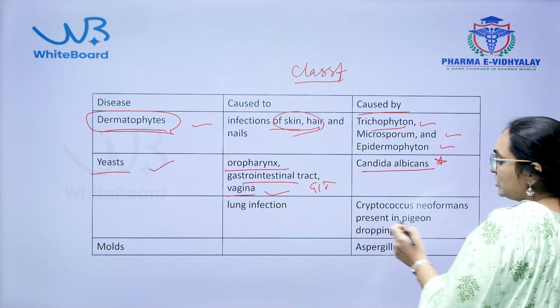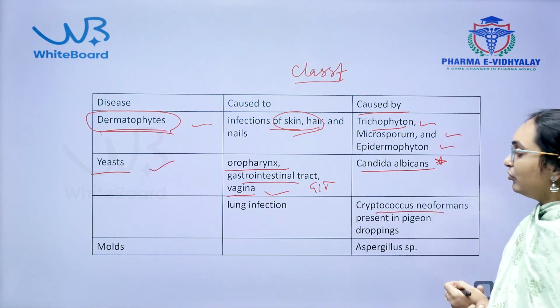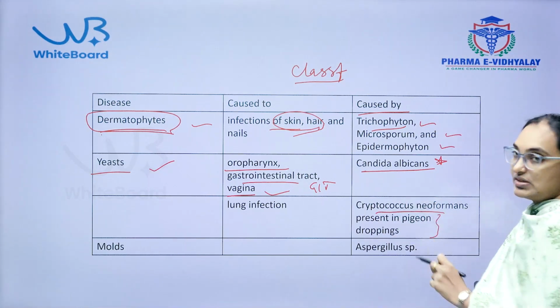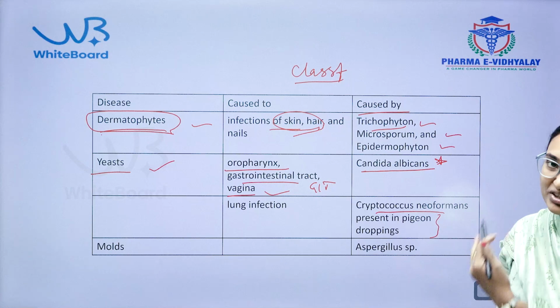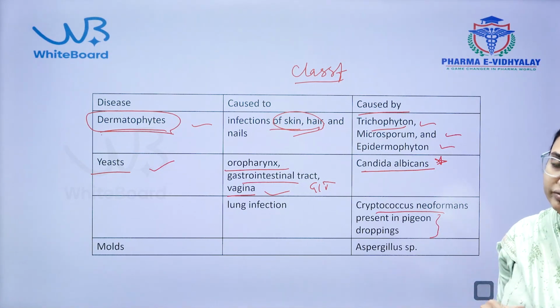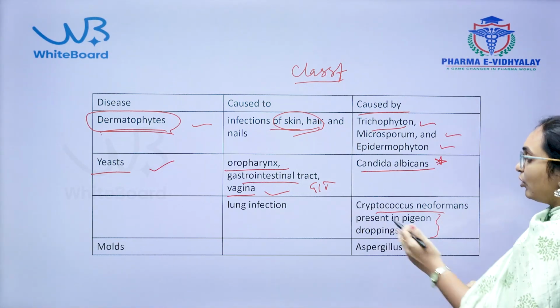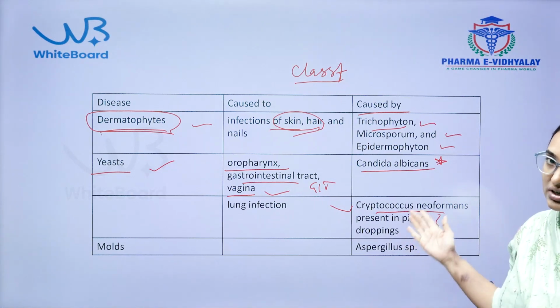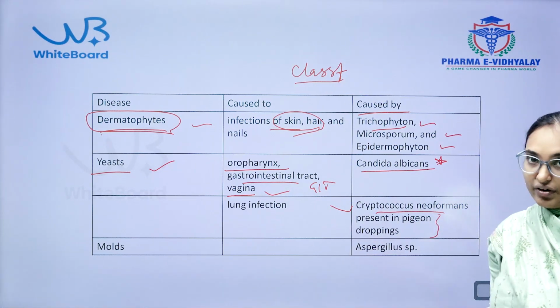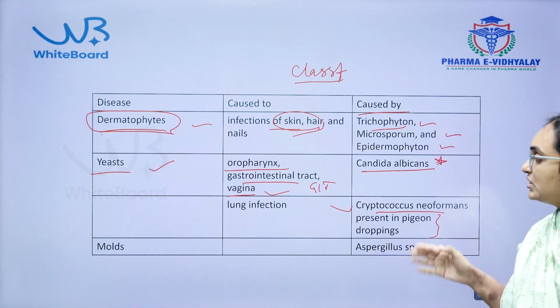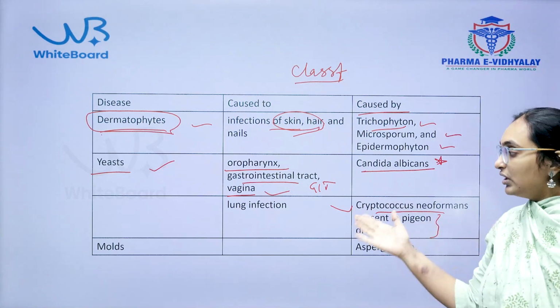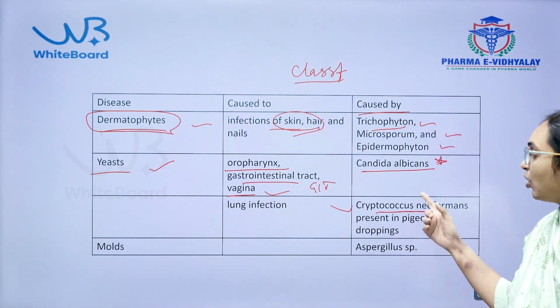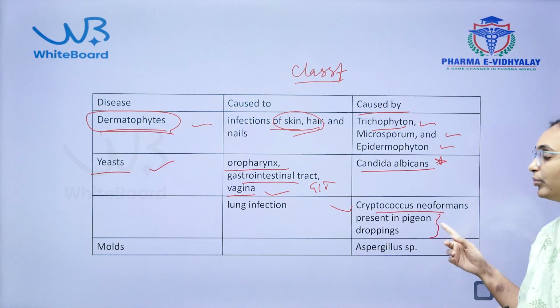Then lung infections are caused by Cryptococcus neoformans, present in pigeon droppings. It is a form of yeast and is mostly responsible for lung infection. Antifungal agents are also used for the treatment of lung infection caused by Cryptococcus neoformans.